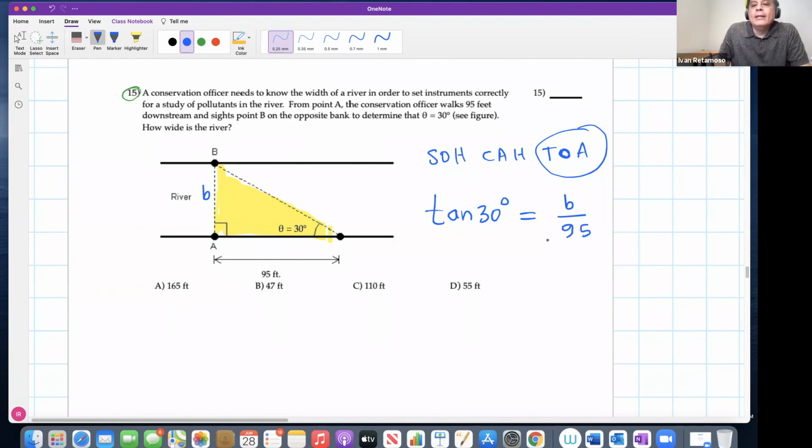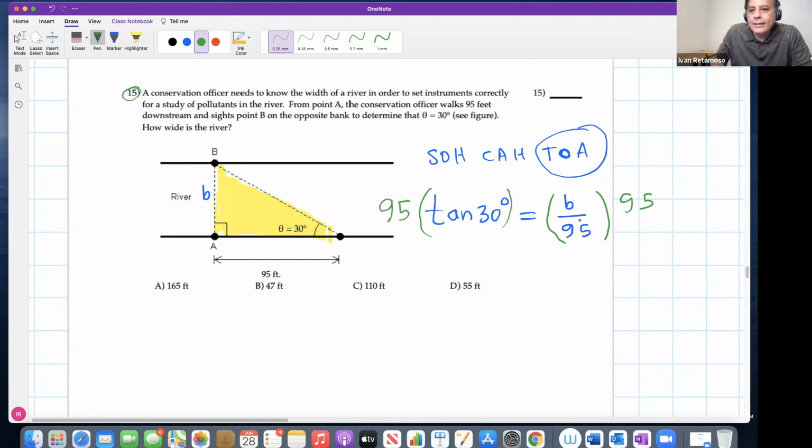Now, in this problem, you can see the answers are just numbers. You don't see radicals, so there is no need to use the exact form. Use the calculator. So basically solve this for B, which is obtained by multiplying both sides of this equation by 95 to eliminate the denominator.